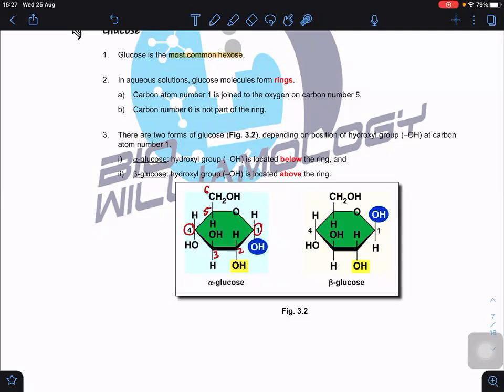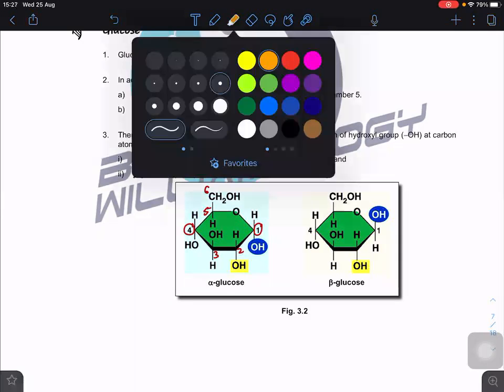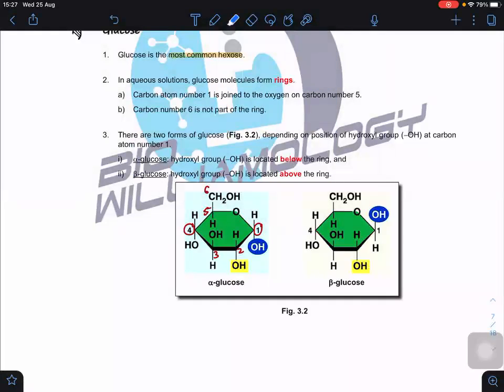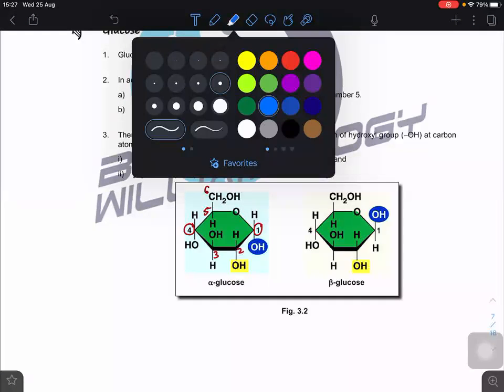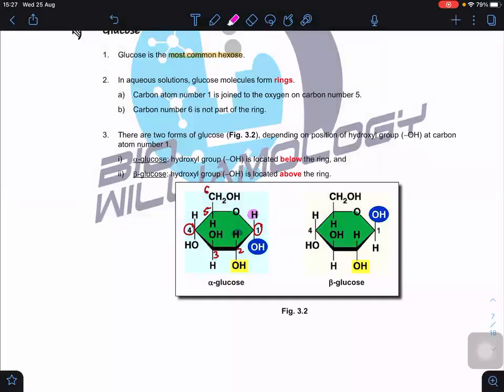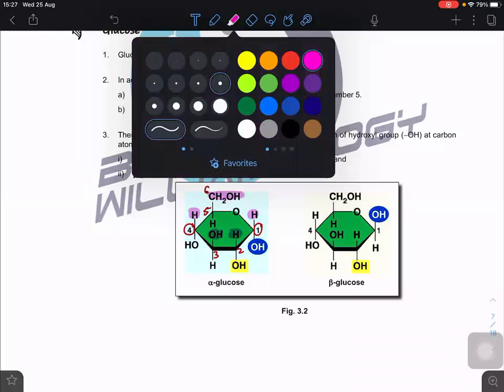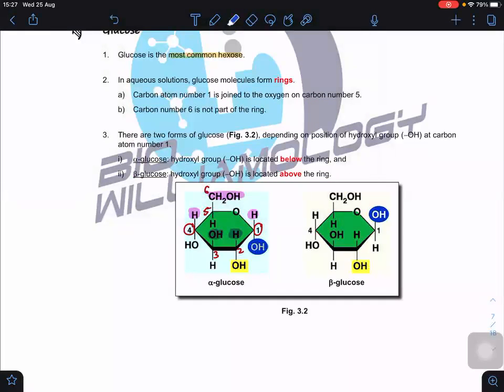This is called the ring. Let me highlight with a different color. Those highlighted with pink are above the ring. Those colored with blue are below the ring.